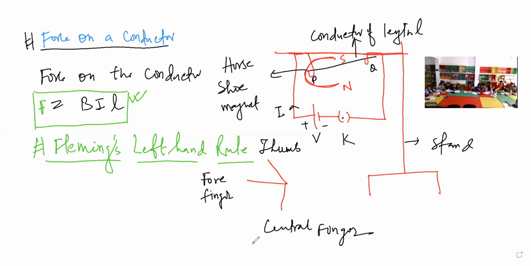Basically, Fleming's left hand rule is used to find the force on a conductor when current and magnetic field are known. This we learn from daily life. If this is the left hand, we call these father, mother, child.